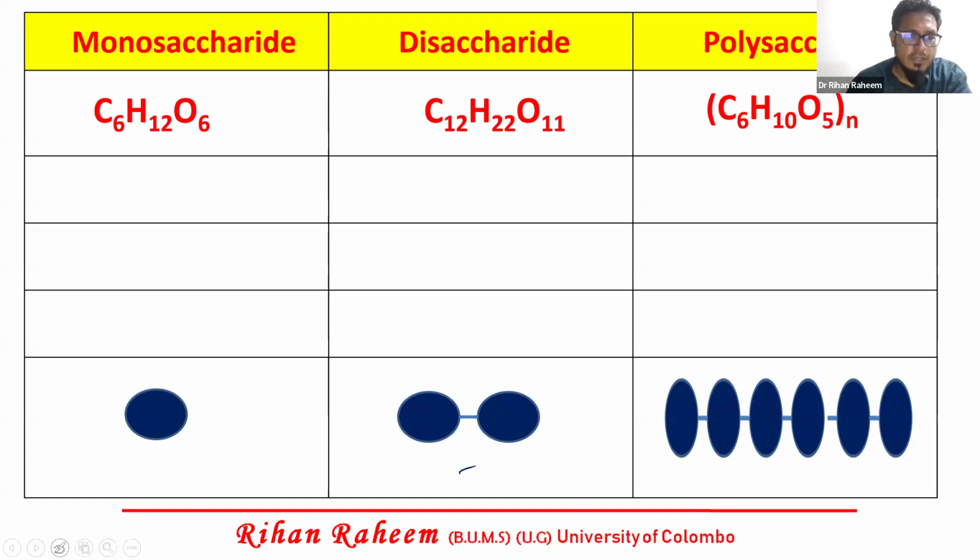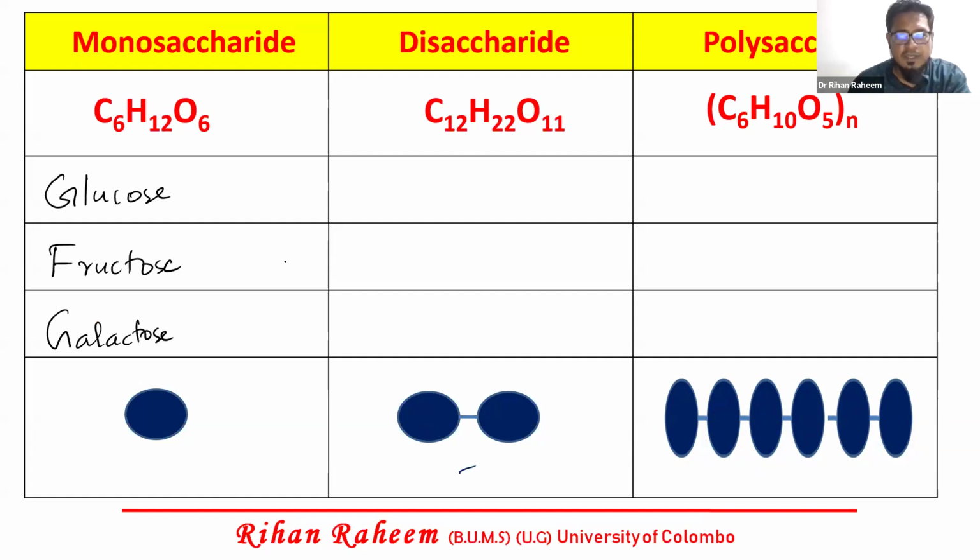Then, when we look at the examples of monosaccharides, G, F, G: glucose, fructose, and galactose. So all are new names. Glucose, you all know. Glucose, fructose, galactose.